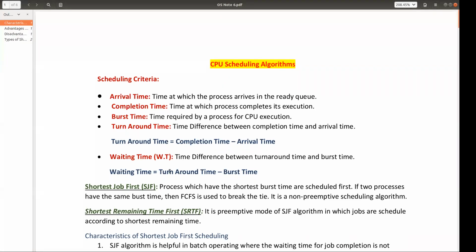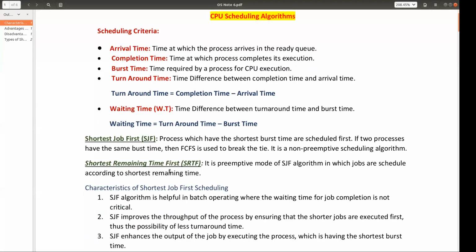Now there is another version, known as shortest remaining time first, or sometimes shortest remaining time next. Some call it SRTF, some call it SRTN. First or next can be used alternatively; both are actually the same.